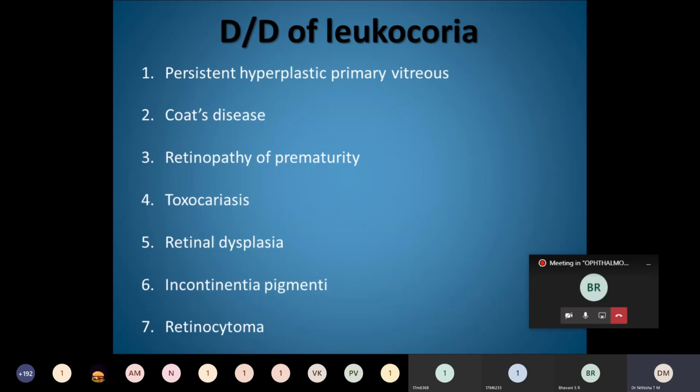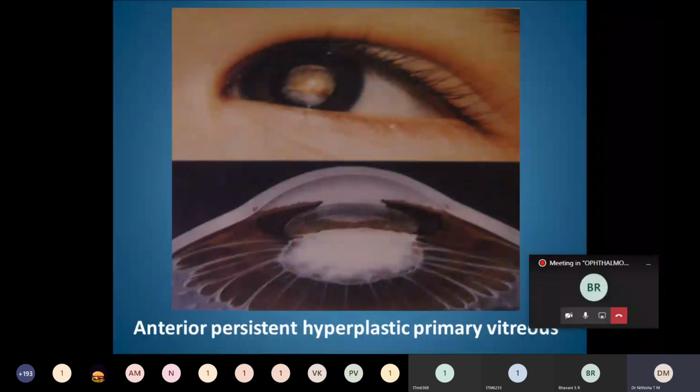What are the differential diagnoses for leukocoria? First is persistent hyperplastic primary vitreous. Second is Coats disease. Third is retinopathy of prematurity. Fourth is toxocariasis. Fifth, retinal dysplasia. Sixth, incontinentia pigmenti. Seventh, retinocytoma. Differential diagnosis is also asked as a 5 marks question. Please remember this.